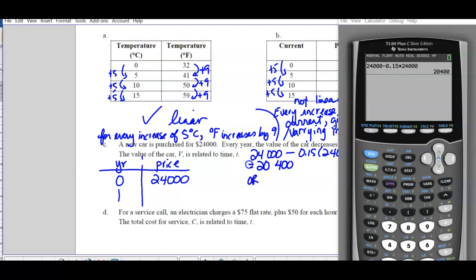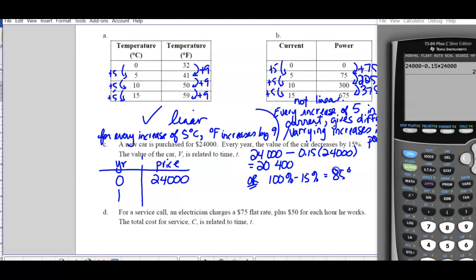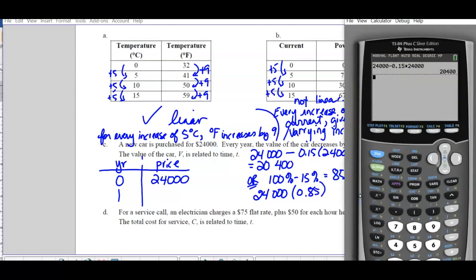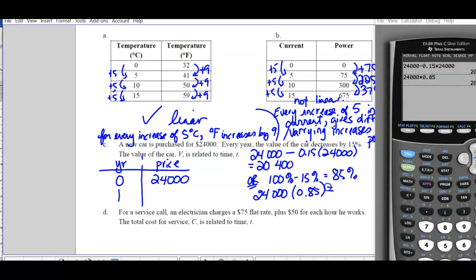Another way is to think about if the price is decreasing by 15%, then what it is still worth is 85%. So if I go 24,000 times 0.85, I should get the same value, okay? So after 1 year, it's 20,400.